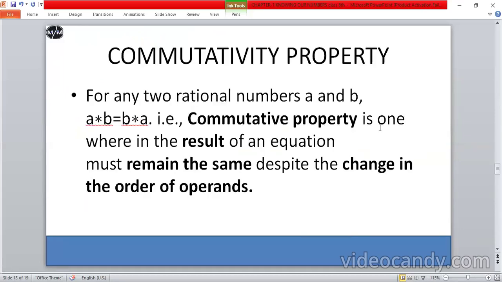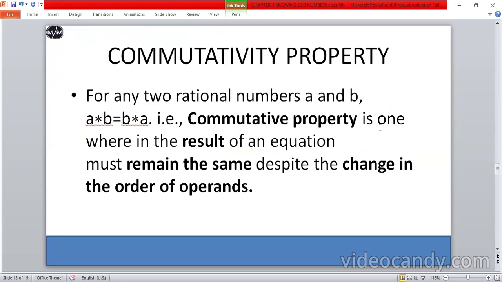Next one is commutative property. For two rational numbers A and B, A operation B, B operation A, that is commutative property, where the result of an equation must remain the same despite the change in the order of the operands.